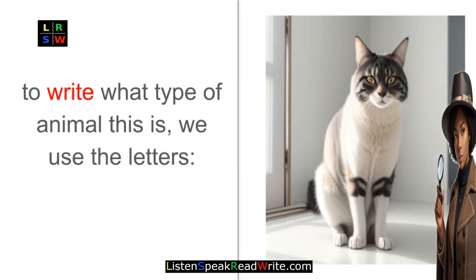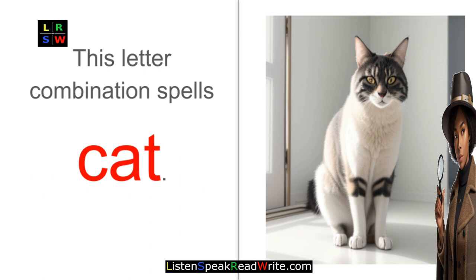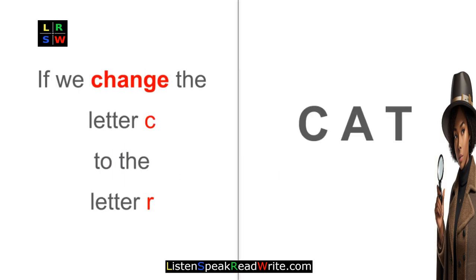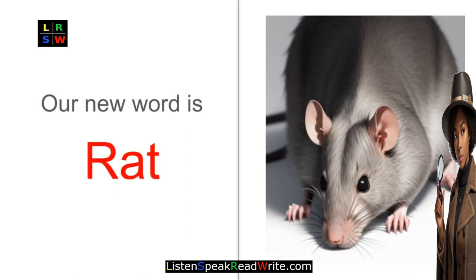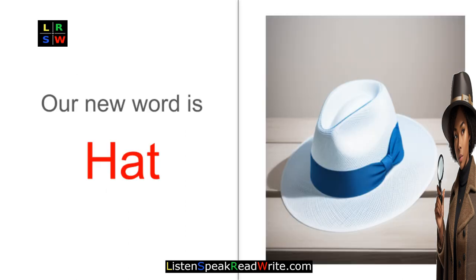To write what type of animal this is, we use the letters C, A, T. This letter combination spells cat, but if we change the letter C to the letter R, our new word is rat. If we change the letter R to the letter H, our new word is hat.